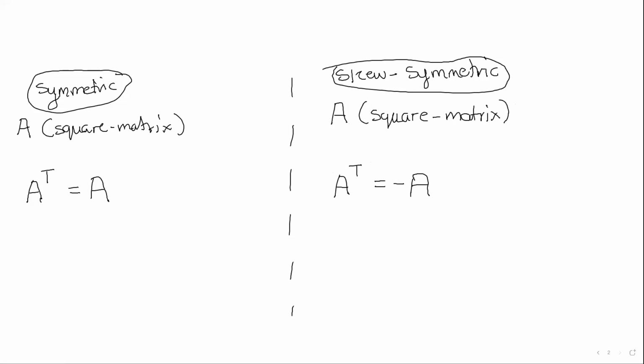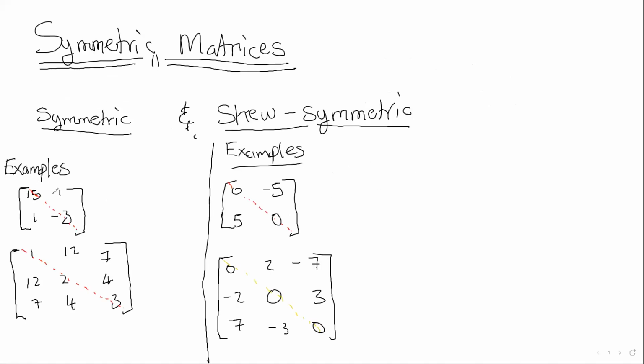For example, let's go back to our example here. If I were to take a transpose of this matrix, what am I going to get? Let's see if this rule is true.